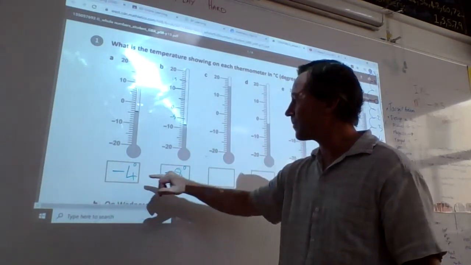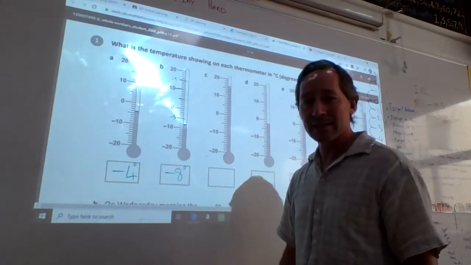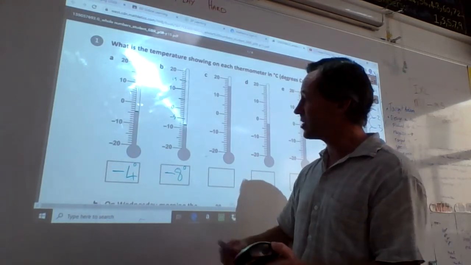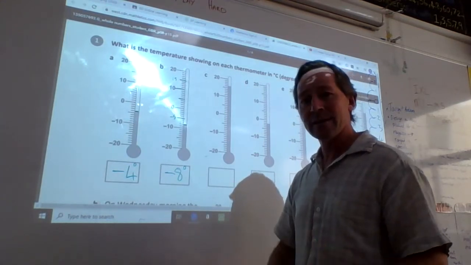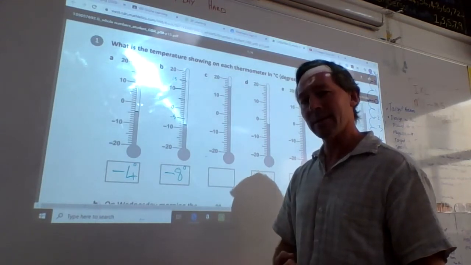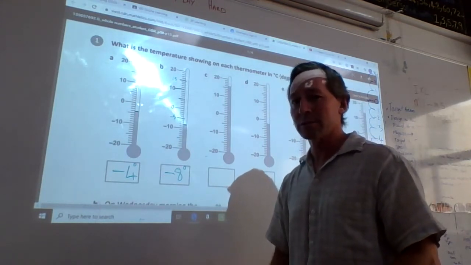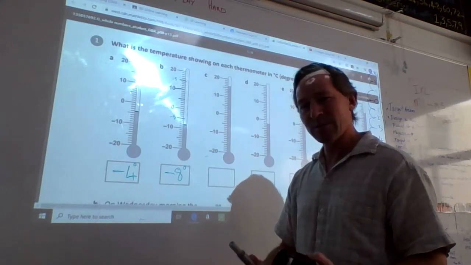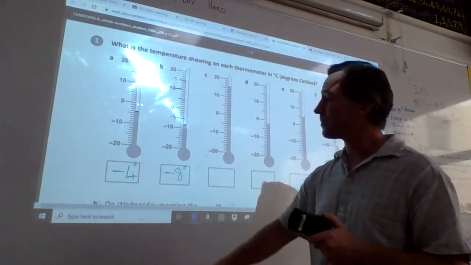So -4 and -8. Which one of these two do you think is the highest temperature? When I say highest, what are you thinking about? The hottest, the coolest? Sometimes the vocab is the part that we get tripped up on.